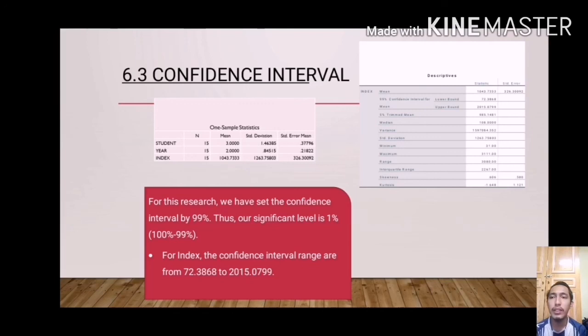Thus, our significance level is 1%, where 100% minus 99% gives us 1%. For index, the confidence interval ranges from 72.3868 to 2015.0799.